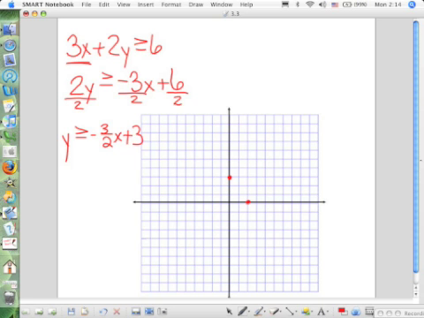Solid line going through these 2 points. And the region indicated is above it or below it? Above it. Okay, but I'm not going to shade yet. All right, now let's look at the second line that we're dealing with.